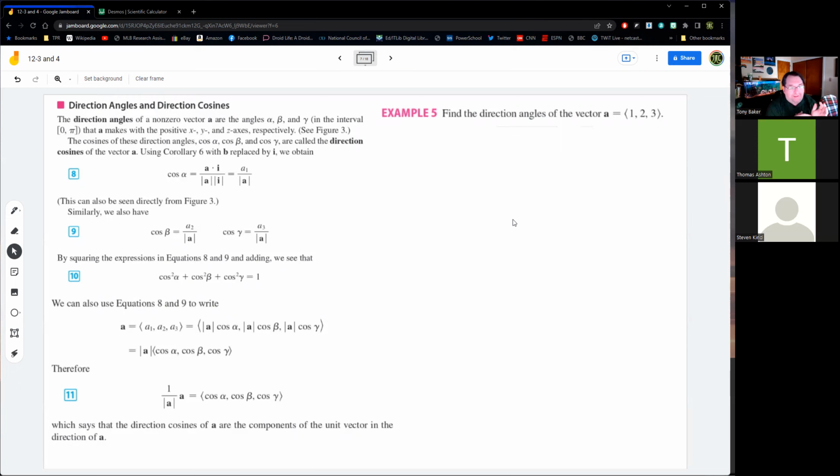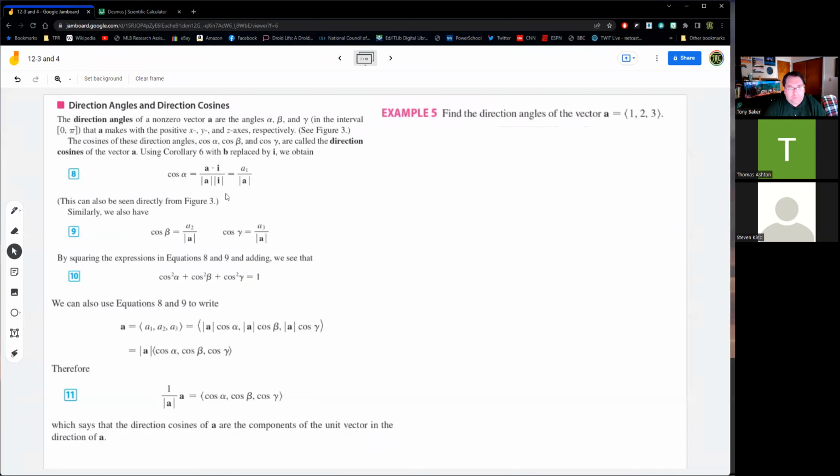So we write them in terms of a unit vector, still in that vector space, with the cosine of a, b, and y. That gives us another way to represent an actual vector.